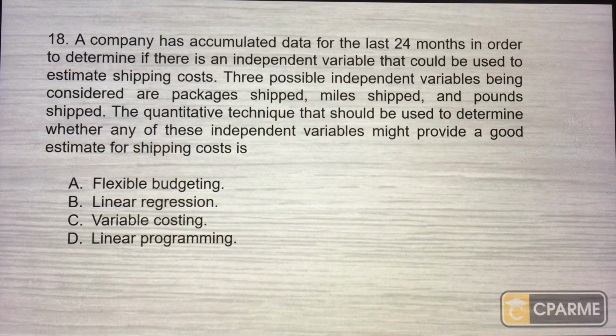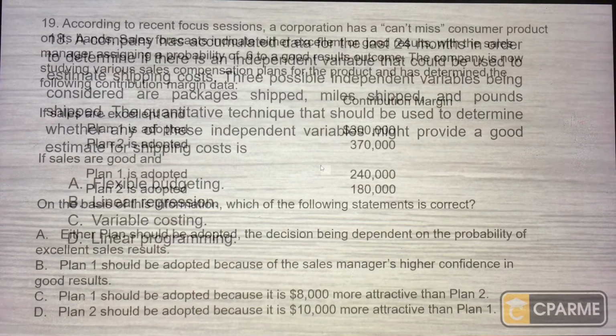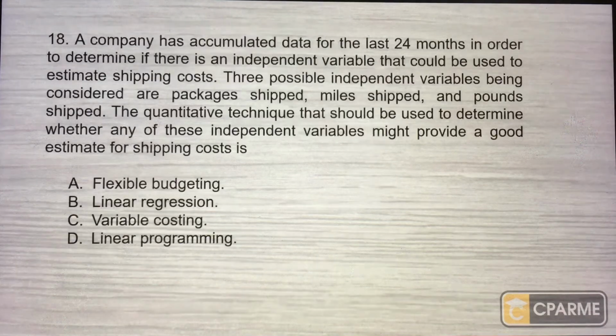So which type of regression is this? You may have more than 1 independent variables. So hindi lang pala sa kinaklas which kind of regression analysis, if it's simple or multiple regression. So the correct answer for number 18 is letter B, the linear regression.